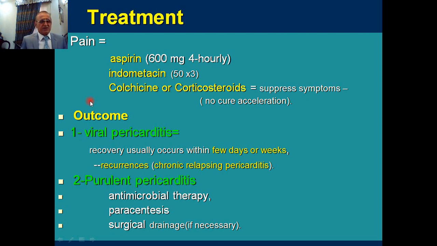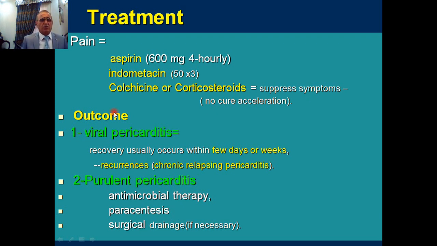The outcome, as long as the disease is viral, most commonly is recovery in a matter of a few days. Occasionally, it can extend to weeks. And rarely you have a recurrence, the so-called recurrent chronic relapsing pericarditis. In one condition, purulent pericarditis, we need antimicrobial therapy, pericardiocentesis, and sometimes surgical drainage.